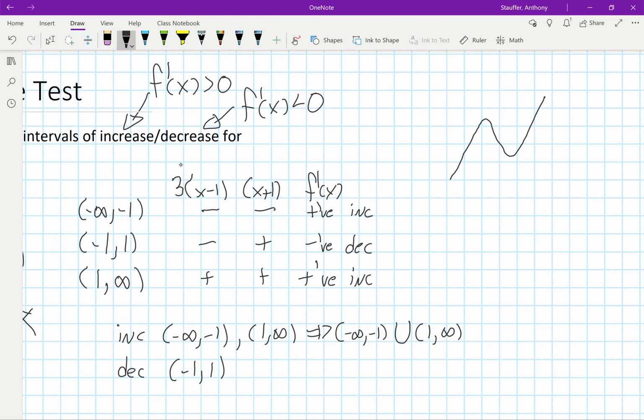When I go from increasing to decreasing, what happens there? That gives us a maximum. And when I go from decreasing to increasing, we get a minimum there. So this means that I have a maximum at x equals negative 1, and I have a minimum at x equals 1.